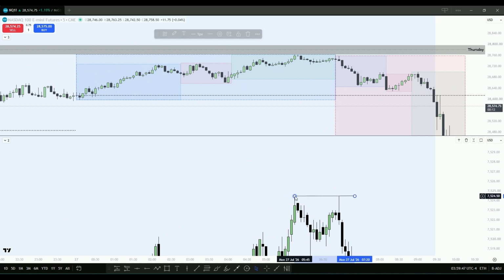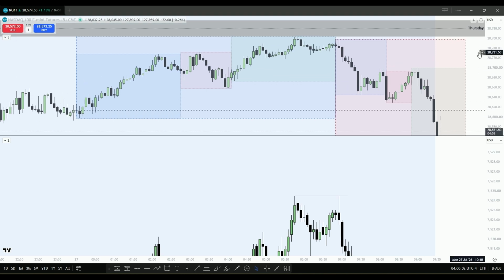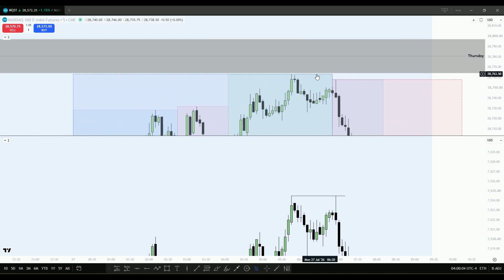Like ES actually printed the same high, like this, it printed the same high, while NQ failed to take the high. See that? This guy is also an SMT.